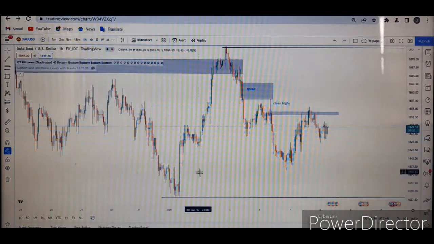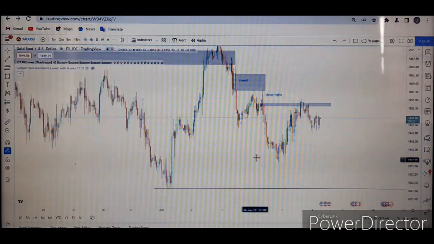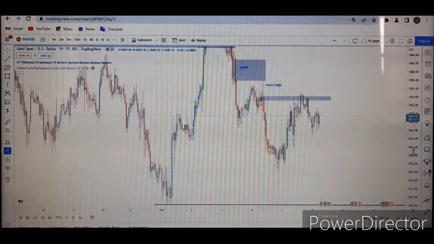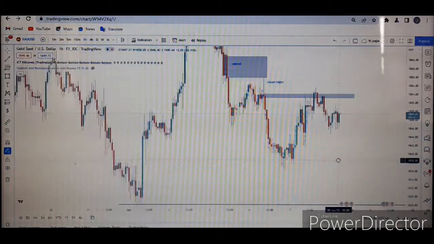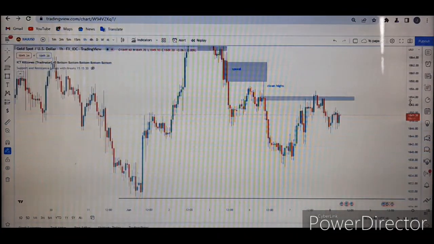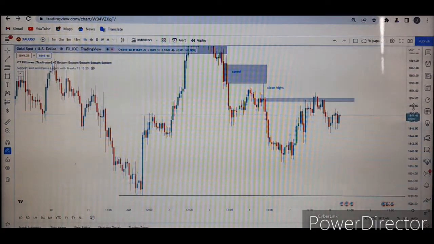When the market was retracing back, it formed something like this. Here we had a consolidation. Remember, every move in the market will always start with consolidation.